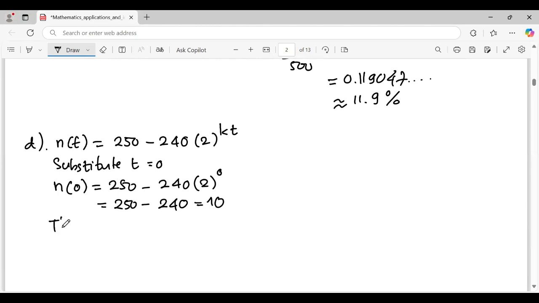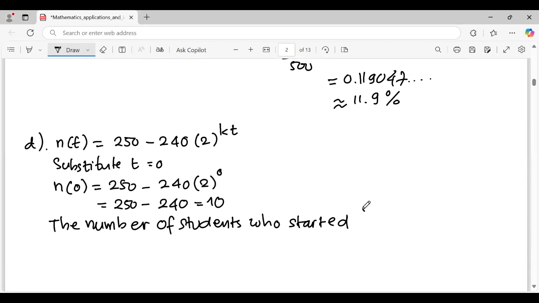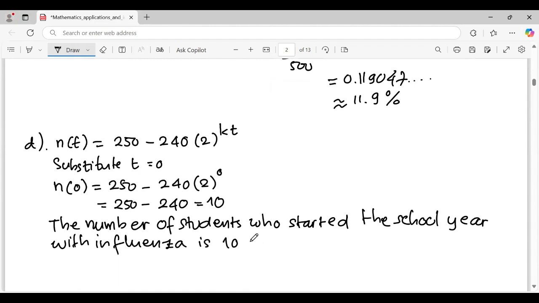So we can state that the number of students who started the school year with influenza is 10 students.